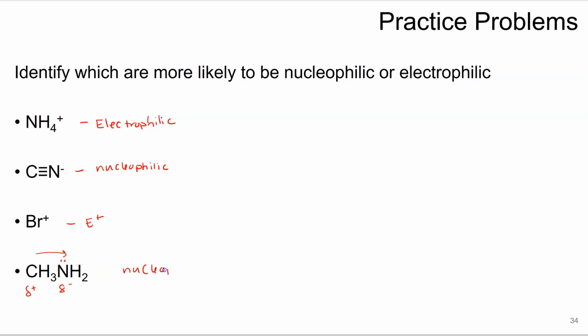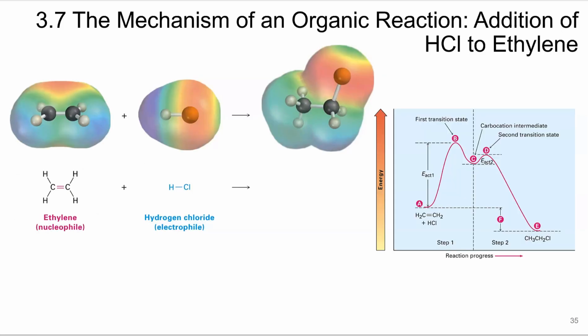So the first mechanism that we're going to look at is the addition of HCl to ethylene. We have ethylene, which is going to act as our nucleophile because we said pi bonds can act as a nucleophile. Hydrogen chloride, or HCl, is going to be our electrophile. So we have our C from the ethylene, and then we're going to add an H and a Cl across the double bond.